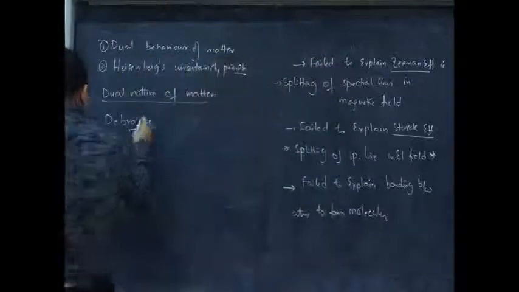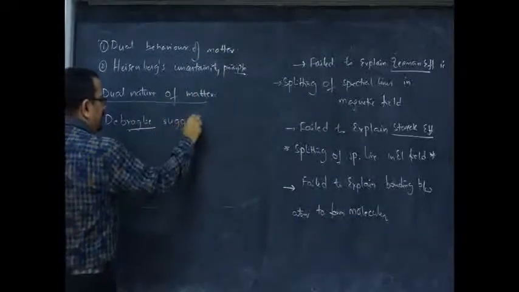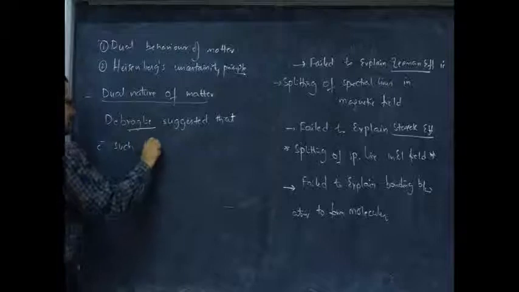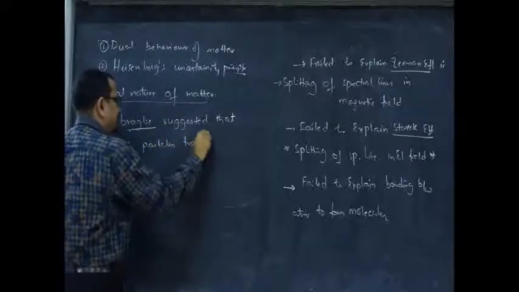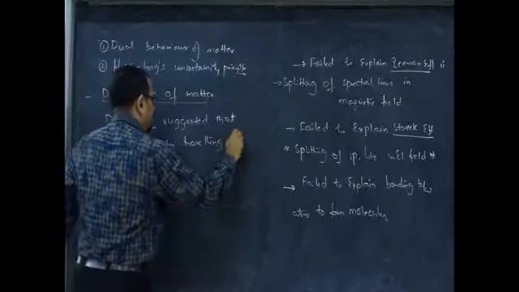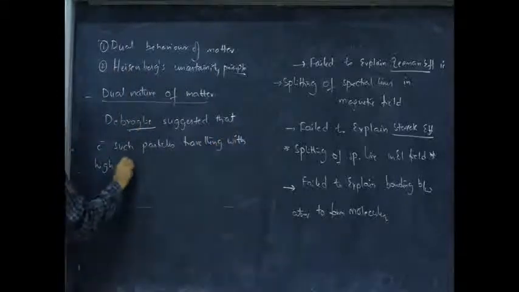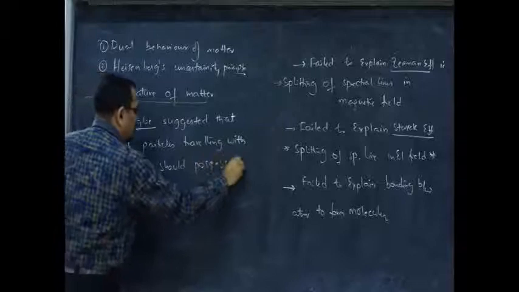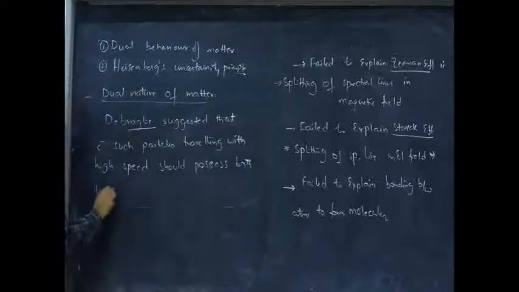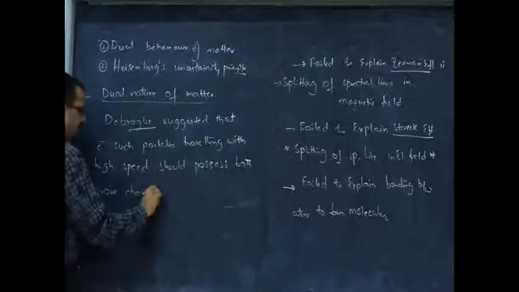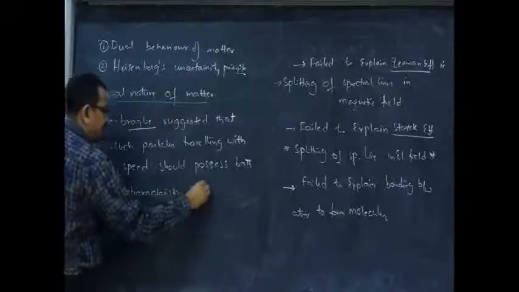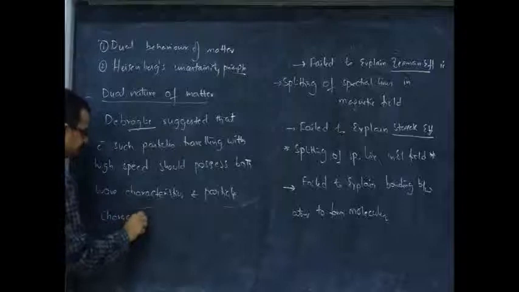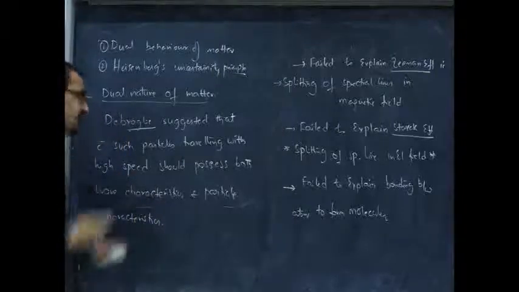De Broglie suggested that electrons, such particles traveling with high speed, should possess both wave characteristics and particle characteristics.